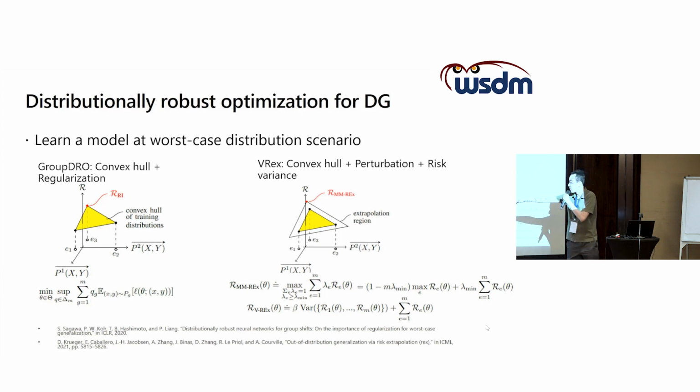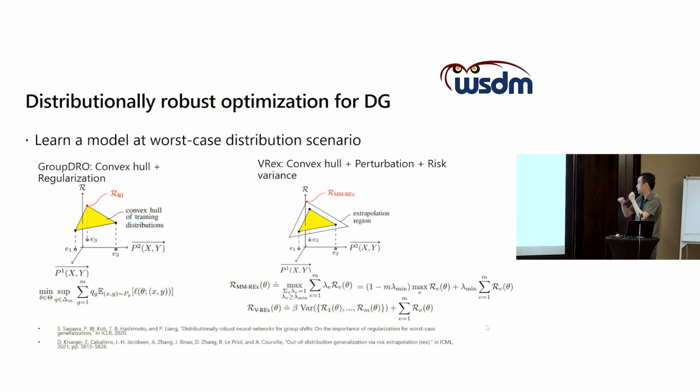For the first work, the combination is only based on the convex hull: there is a regularization on the combination weights, which requires the convex hull constraint. But for the second one, this combination weight, lambda e, can actually be a negative number. As you can see, once lambda e is a negative number, it is no longer a linear combination based on the convex hull.